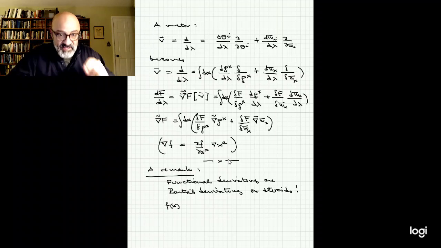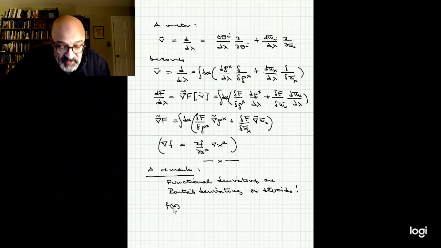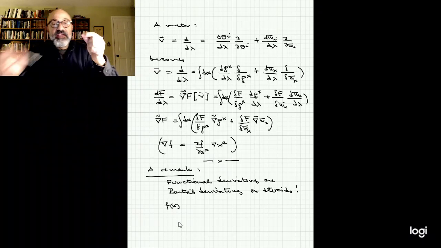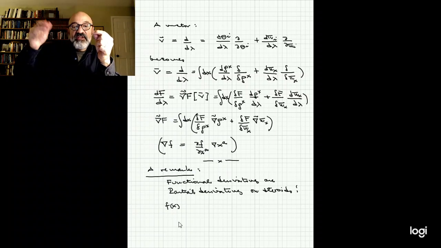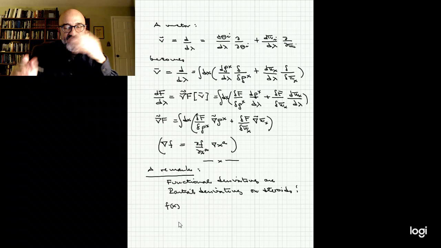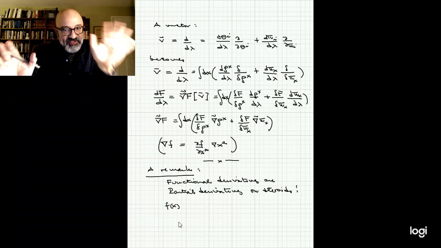Okay, x has many dimensions. So the typical way is you say you change x1, keeping x2, x3, and so on, all fixed. Very good. That's perfectly fine. That's the way we define partial derivatives.